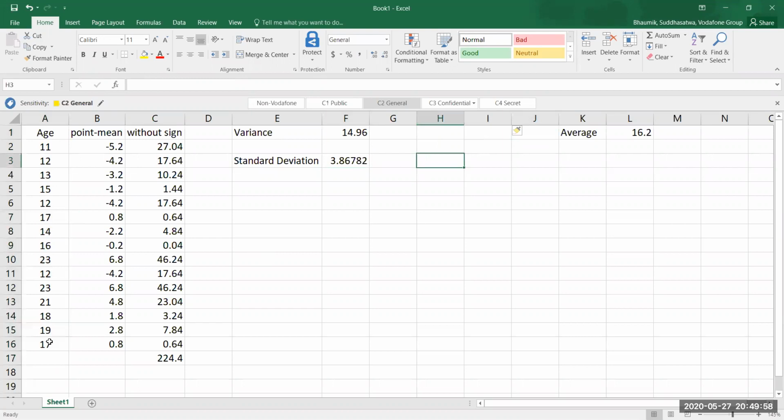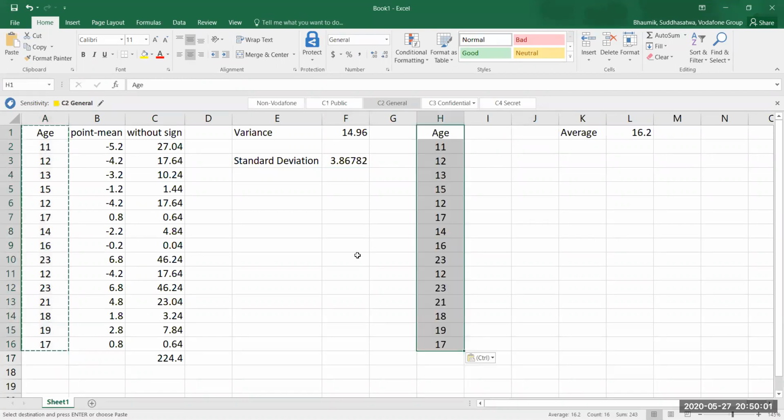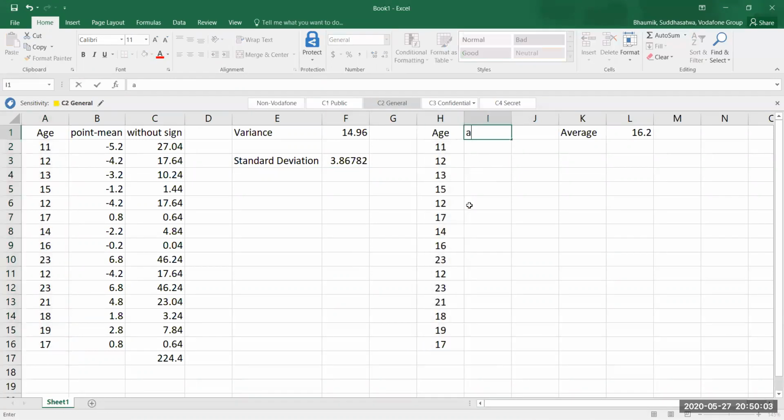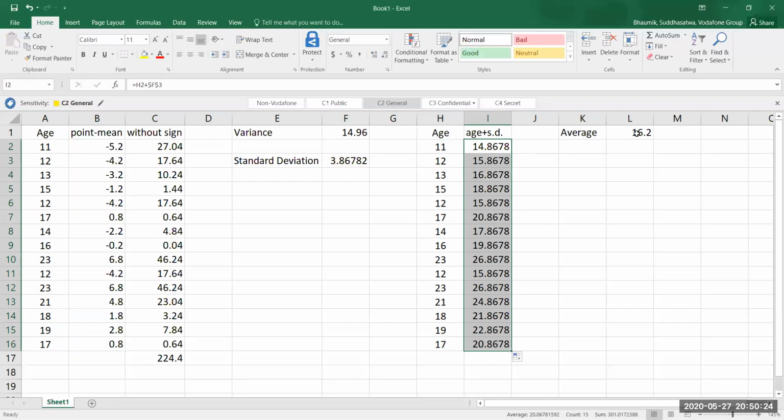So let's take this age column again, and I'm going to do age plus SD, where SD is the standard deviation. I'm going to add this with this, but I'm not going to use F3, I'm going to use $F$3 so that it doesn't change the value. If I do a sum, it is not really close to the mean, so plus minus is going to be applied here.